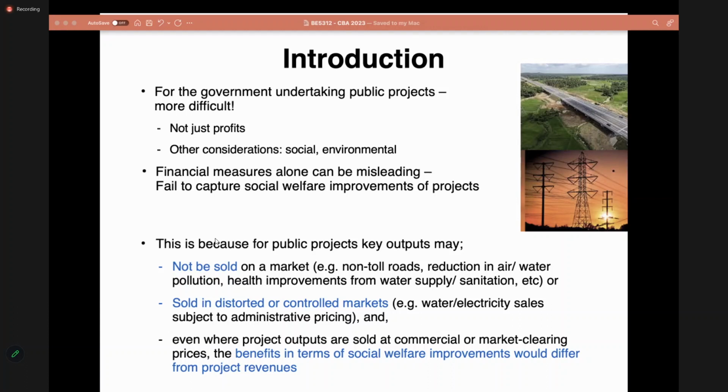And even if you do sell these outputs at commercial or market prices, still there are lots of other associated benefits, social welfare improvements associated with these public sector projects that will affect the project revenue. So there can be lots of other benefits that are not really captured in a financial measure or the market price of an output only.